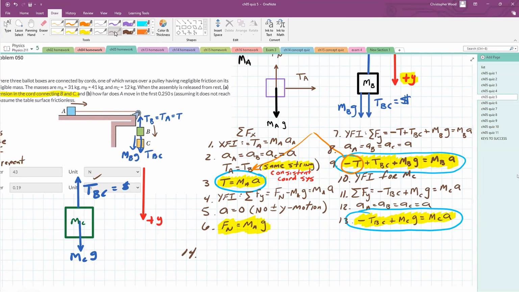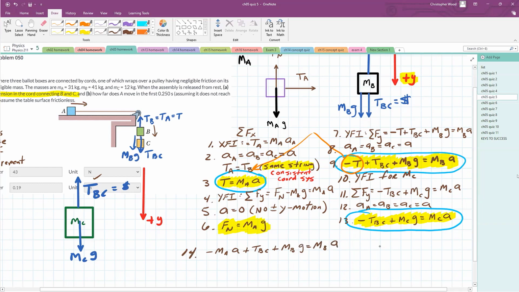Here's my new number 9, which is minus mass A times A, because that's equivalent to T, plus TBC, which is my dollar sign, plus MBG equals MBA. So this is a combination of number 3 and number 9.